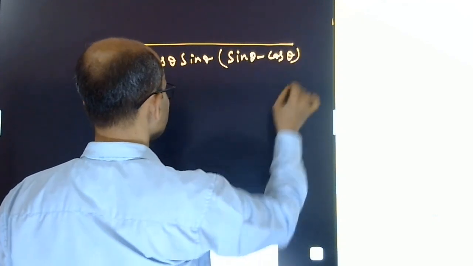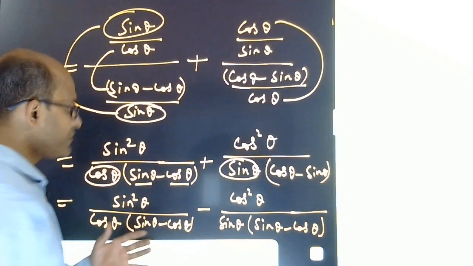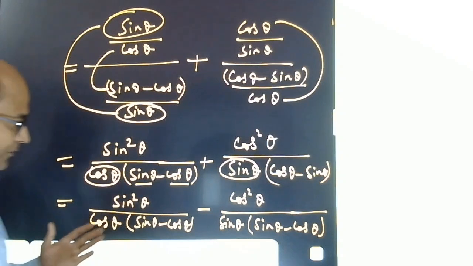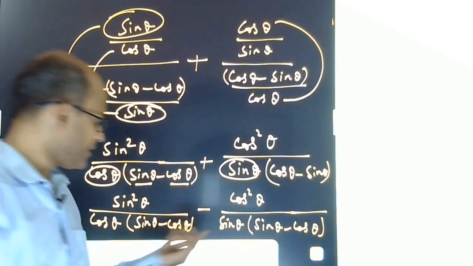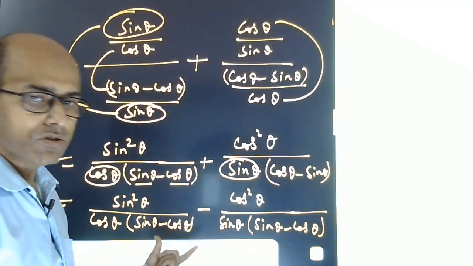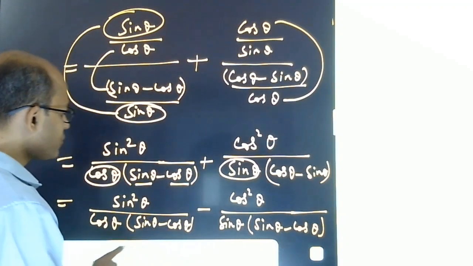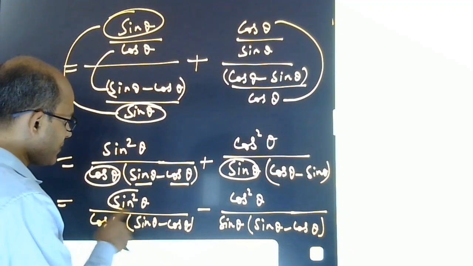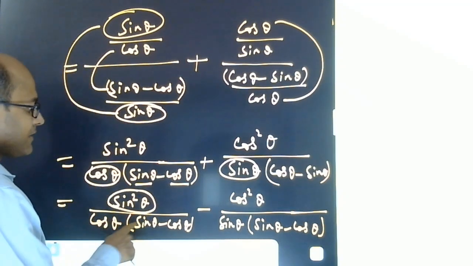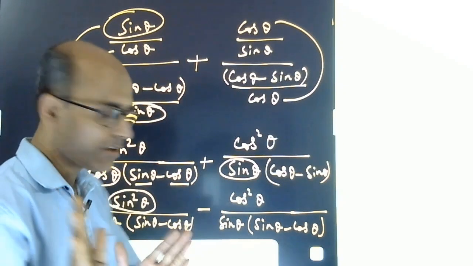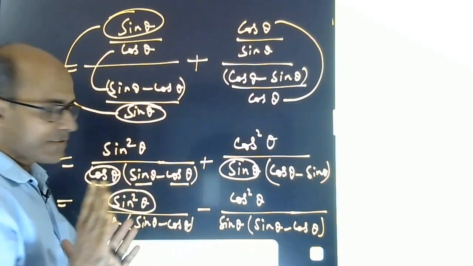Another thing that is very important to understand: we have got the LCM, that is cos theta into sin theta multiplied by sin theta minus cos theta. If someone asks what will be the value at this place, sin square theta, since cos theta and sin theta minus cos theta will get cancelled out to each other, what is remaining to us?